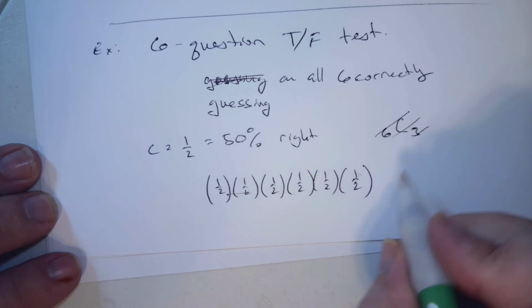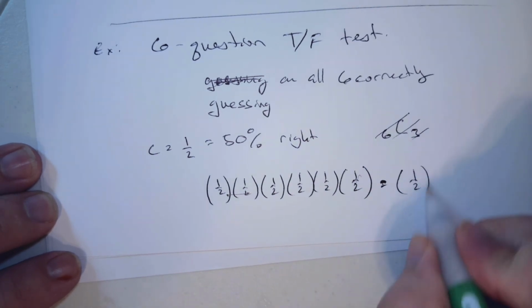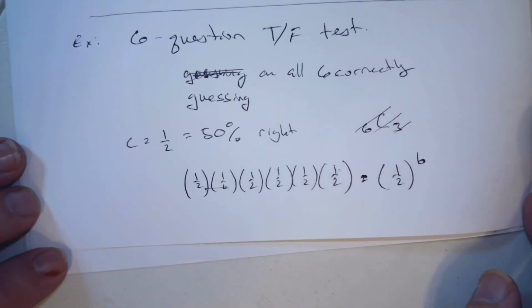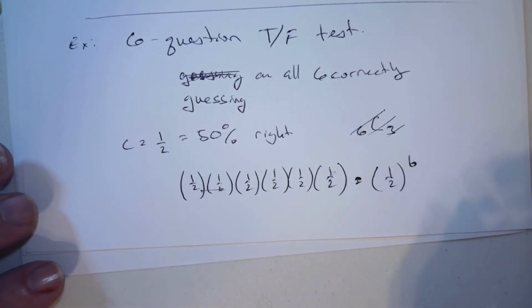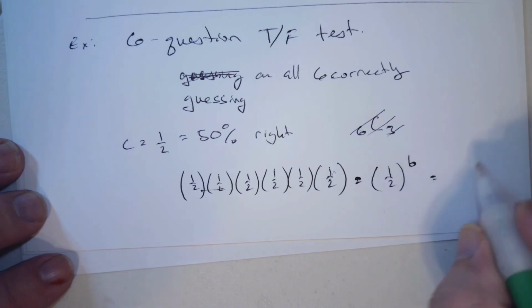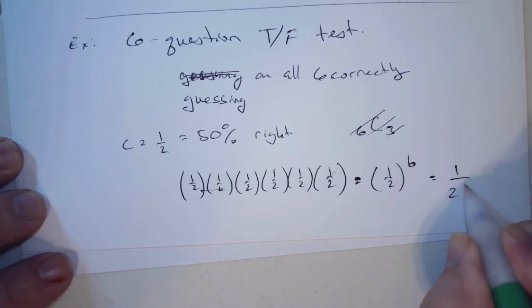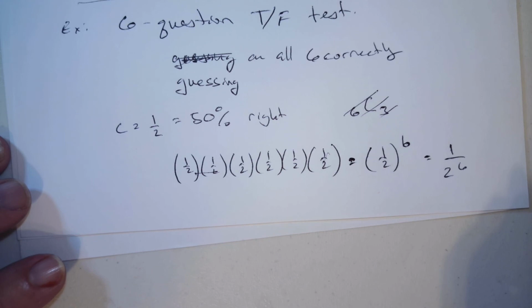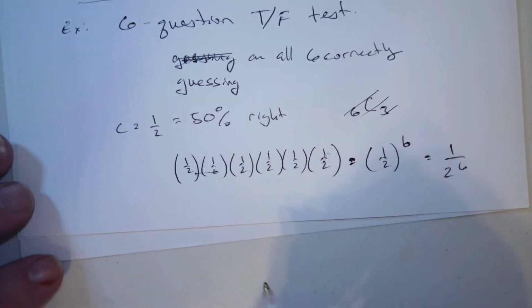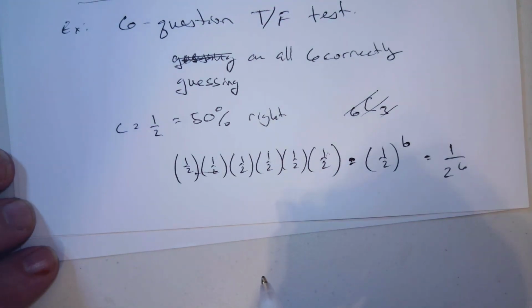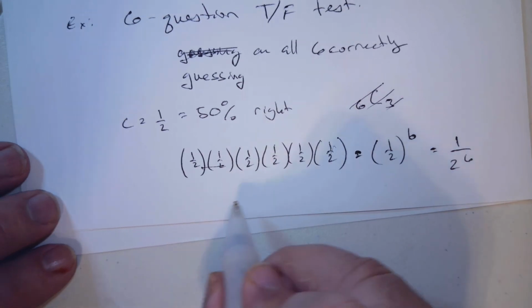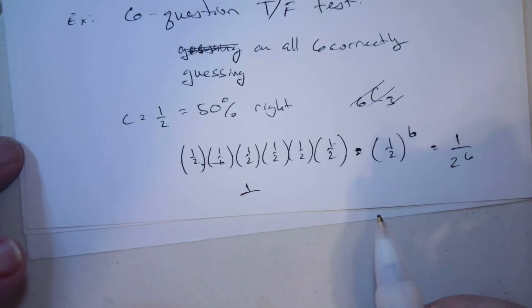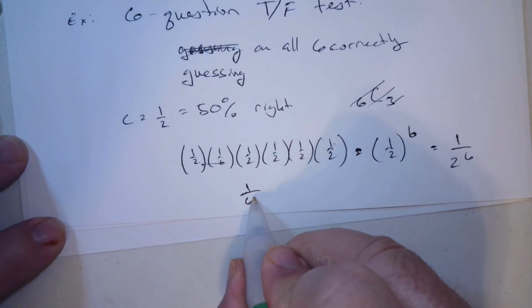Yeah, 50% chance, so that's 1/2 to the 6th power, which is 1 over 2 to the 6th. So your probability of guessing them all right, so it's 2, 4, 8, 16, 32, 64. 1 over 64.